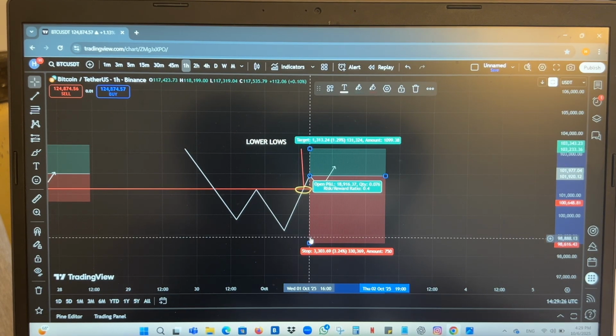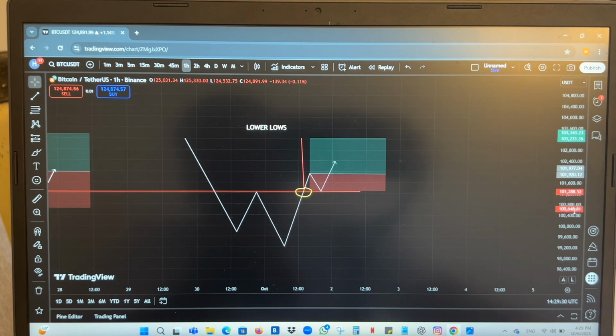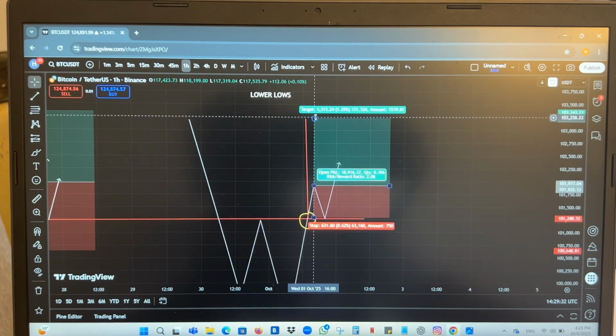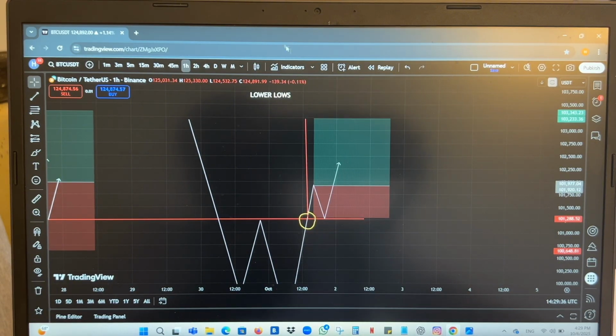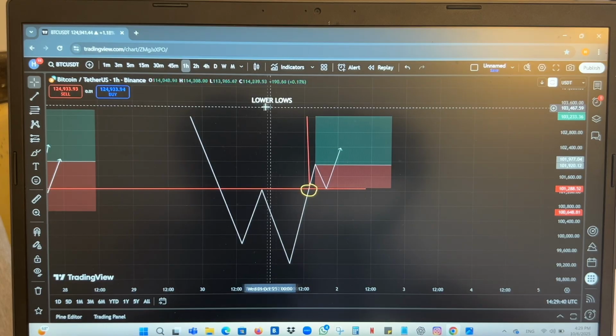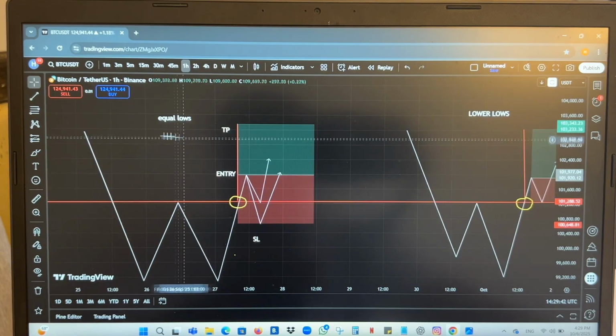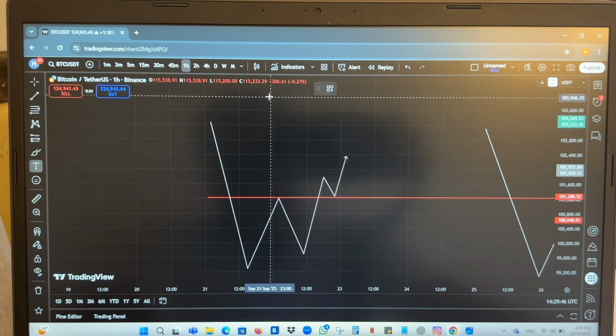Bring the TP here, bring the SL here. This is how you put the entry here, stop loss here, TP is going to be here. So that's how you get in on the entry if you see a lower lows pattern. And now we'll go for the higher lows pattern.